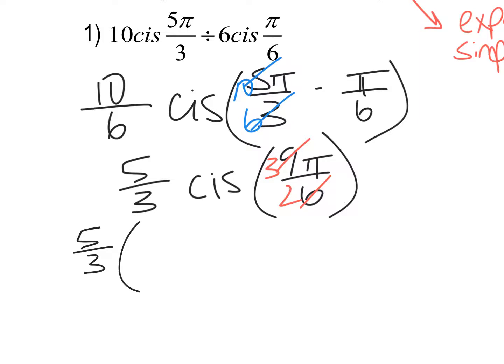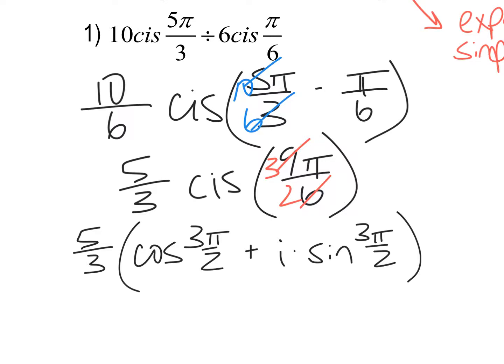But cis stands for cosine of 3 pi over 2 plus i sine 3 pi over 2. The C stands for cosine, the i goes in front of the sine, and the S stands for sine. Make sure you've got an addition sign here because that's what cis stands for. And I'm pretty sure using the unit circle I can simplify cosine 3 pi over 2 and also sine 3 pi over 2.